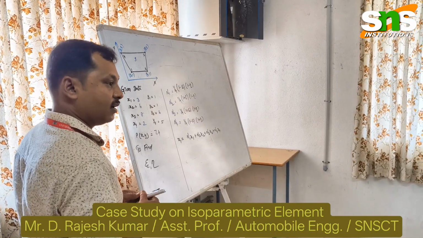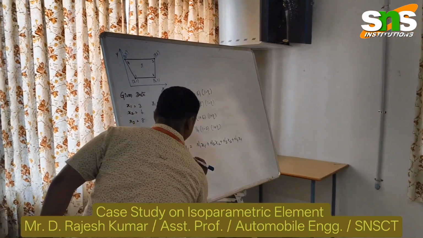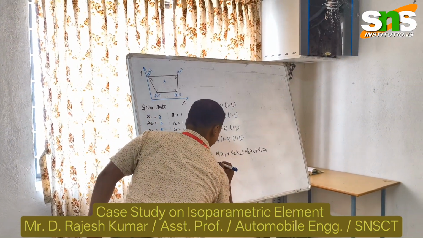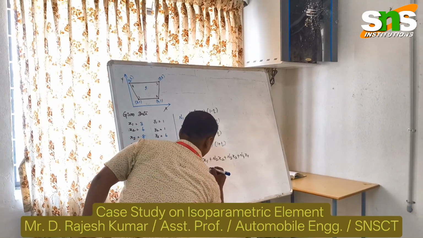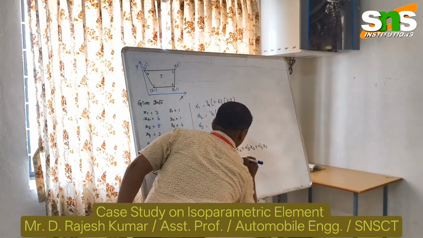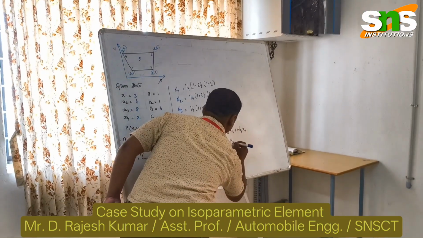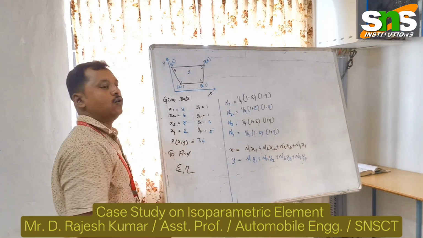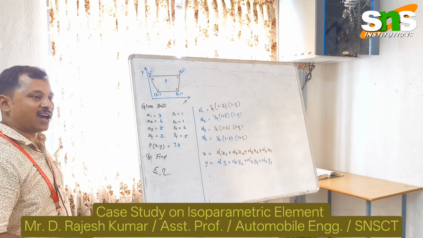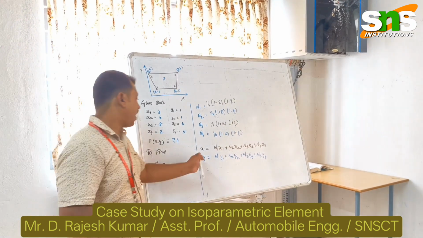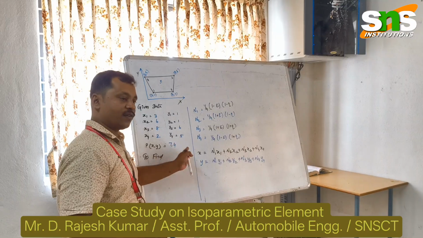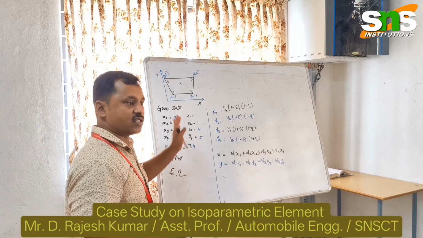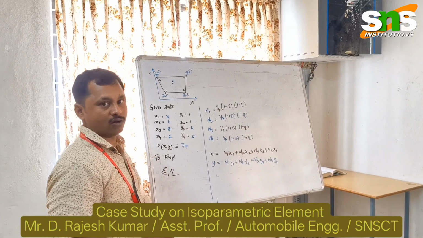Similarly, to find y, it is n1 y1 plus n2 y2 plus n3 y3 plus n4 y4. This is how you calculate the Cartesian coordinates. If the Cartesian coordinates are known, from this formula you can find the local coordinates. This is how the problem is to be solved.